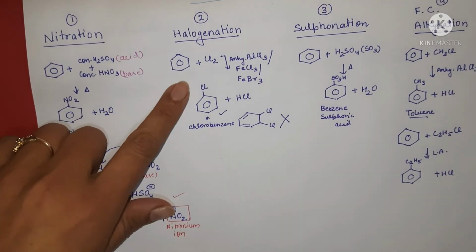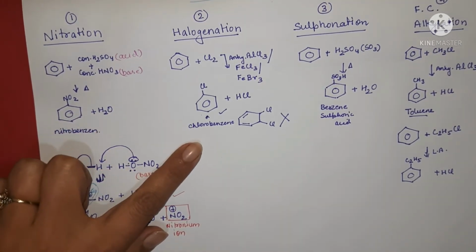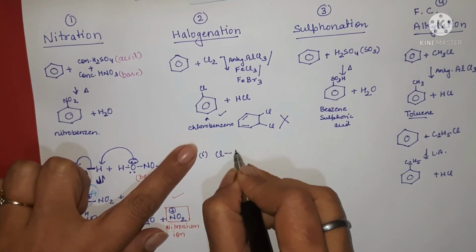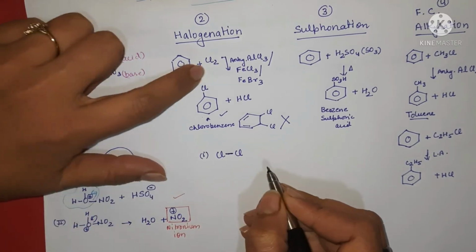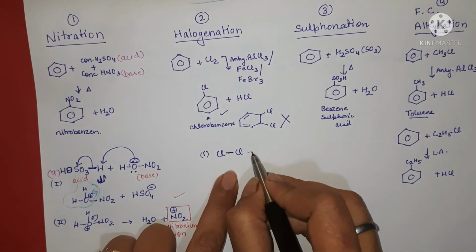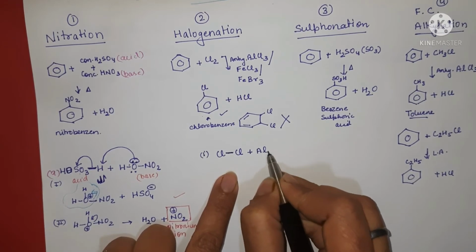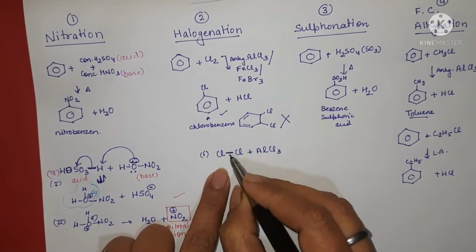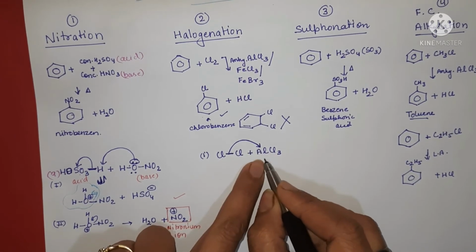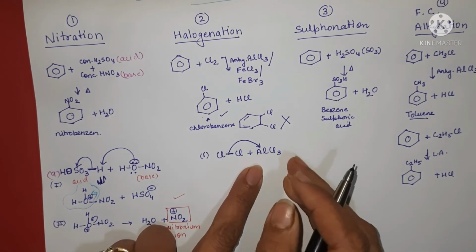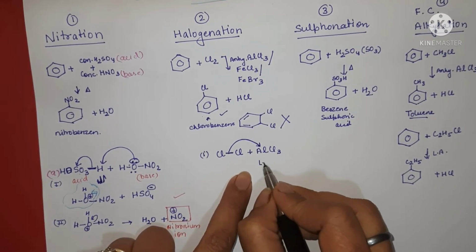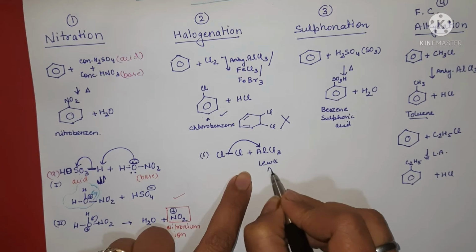If you look at the first step of halogenation, this consists of breakage of the bond between Cl and Cl in the presence of anhydrous AlCl3. This electron density shifts toward the aluminium's vacant orbital, because aluminium chloride is a Lewis acid.